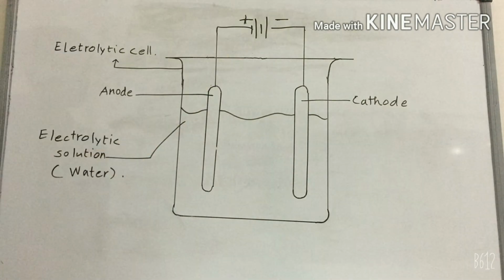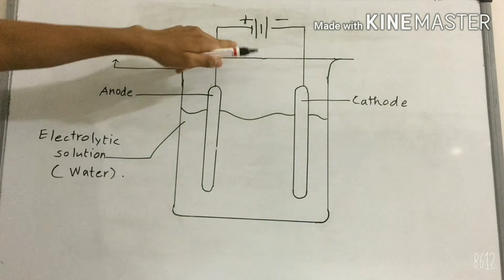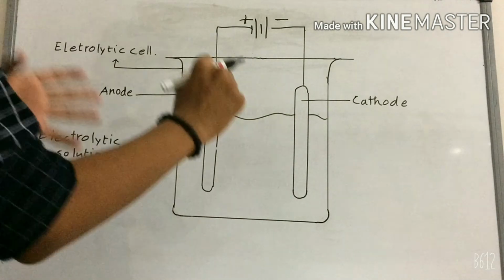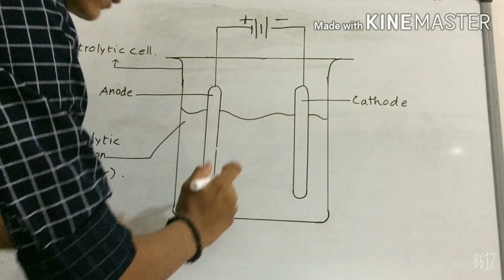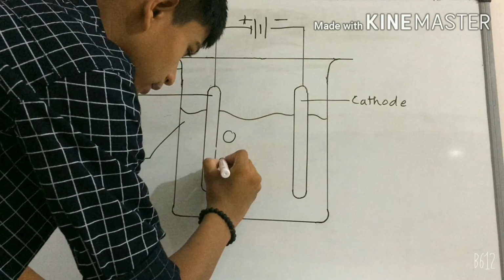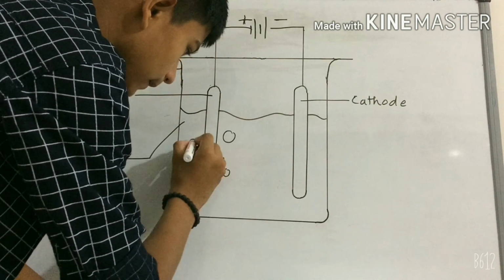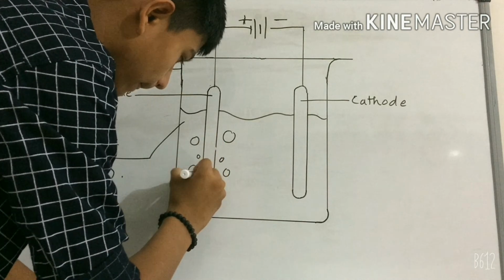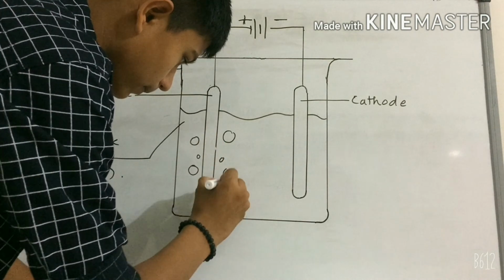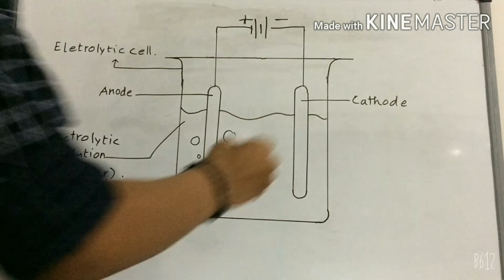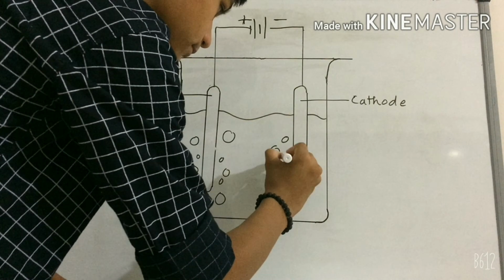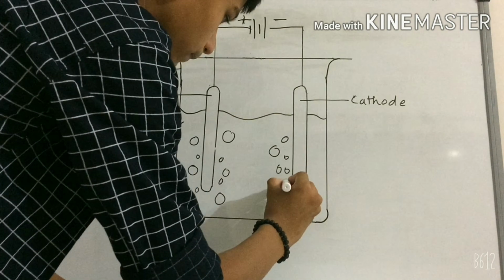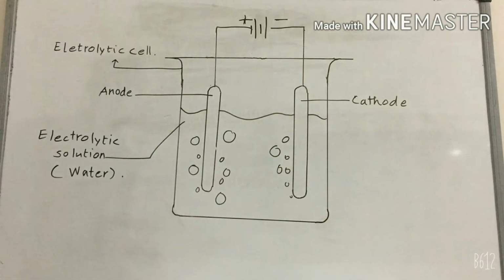Now when this electricity is on, the water breaks into two ions, and the bubbles gather near the anode, and the cathode also gets some of the bubbles. But can you notice something?